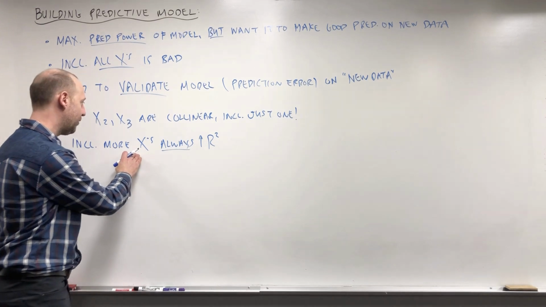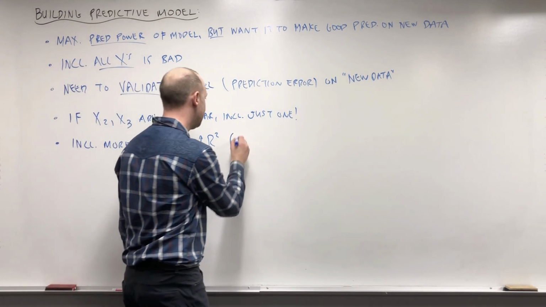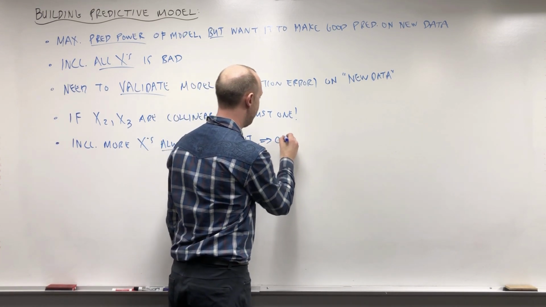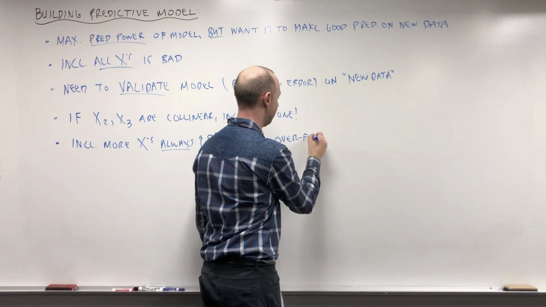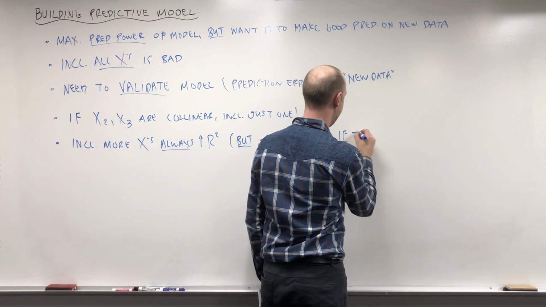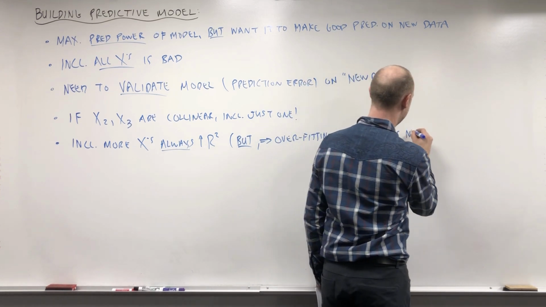So including more x variables will always increase the R squared that's in the model, but it will lead to overfitting if that x is not important.